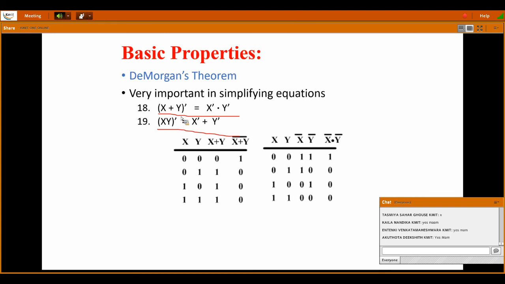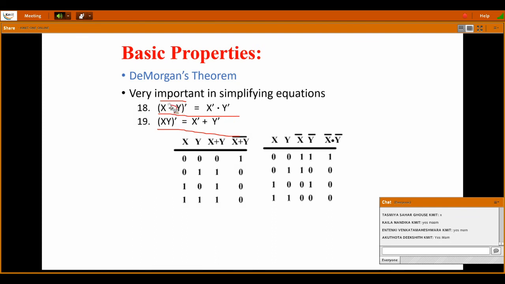See here, very important. So what is this LHS side? X plus y whole bar. Complement in the sense like this it will be. When this dash is outside the brackets, it means the whole bar. The total equation has the complement. So x plus y whole bar is written as x bar dot y bar.